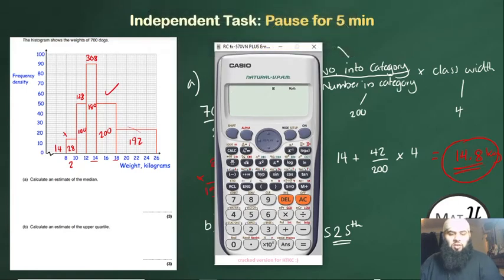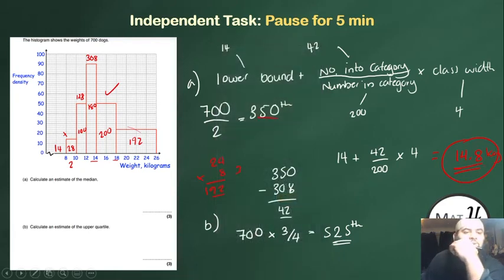So 28 plus 100 plus 180 plus 200 plus 192. They do add up to 700. Double check, 180. Okay, seems correct.